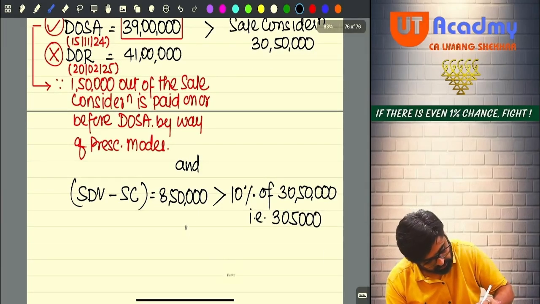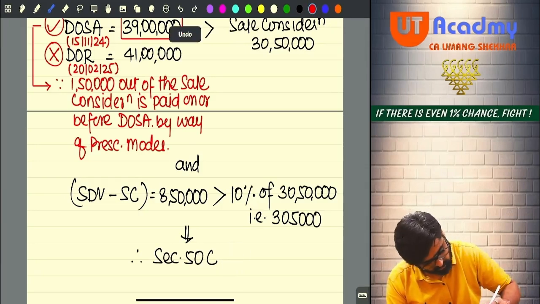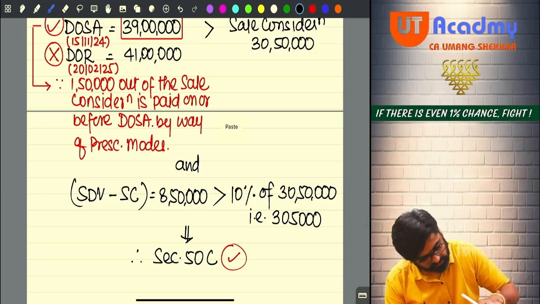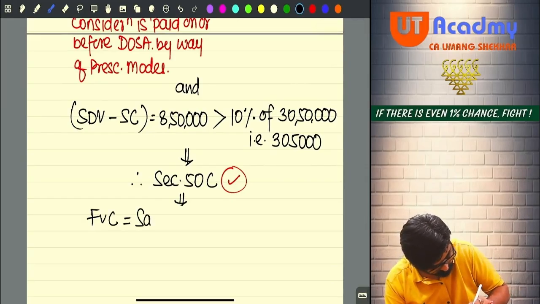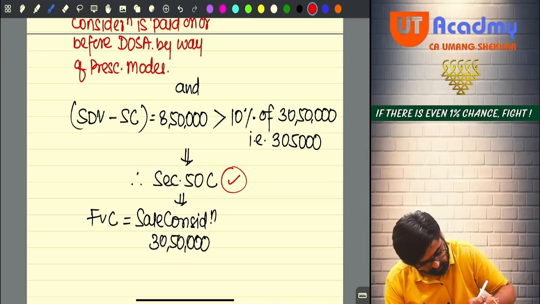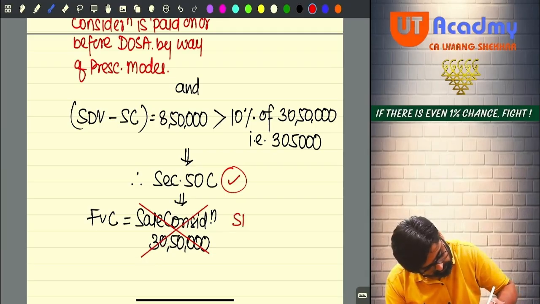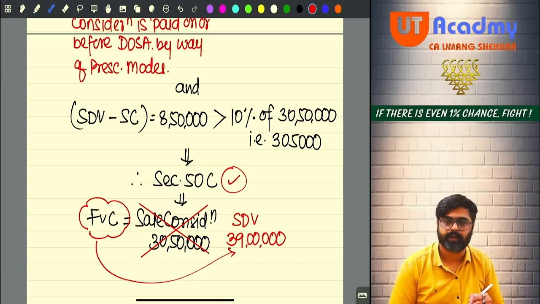Now, if these two conditions are fulfilled, section 50C would apply, and in this case, the sale consideration of rupees 30,50,000 will now be ignored, and stamp duty value 39 lakhs is treated as full value of consideration.